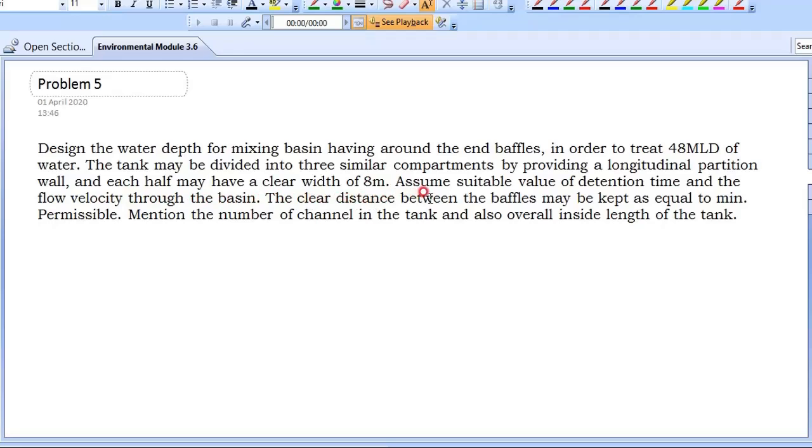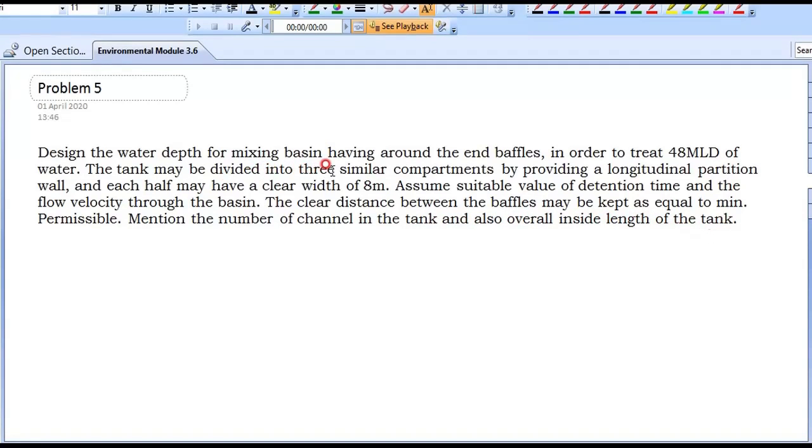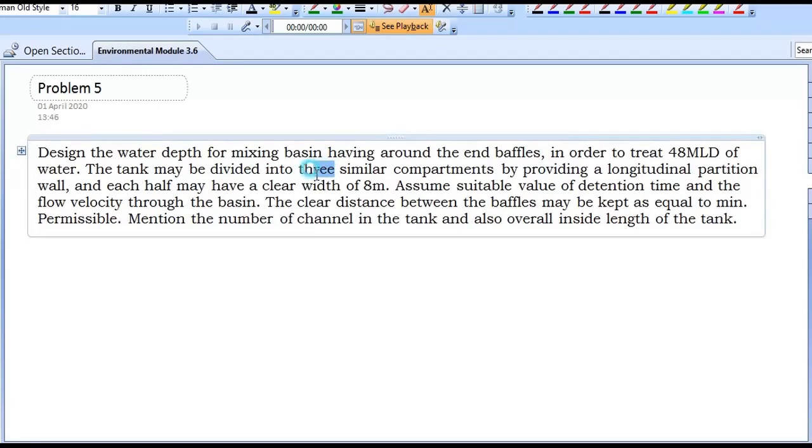The clear distance between the baffles may be kept equal to the minimum permissible. Mention the number of channels in the tank and also the overall inside length. Instead of three similar compartments, we will take two. You should know what baffle walls are.